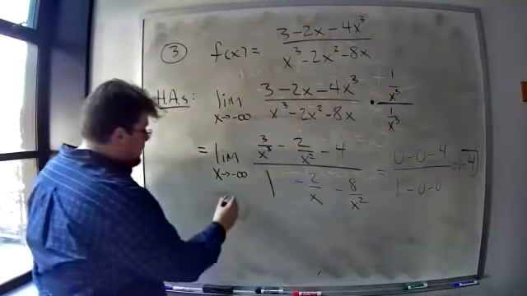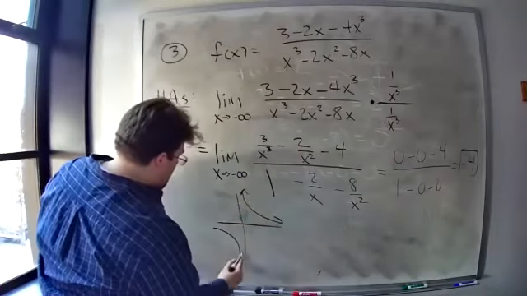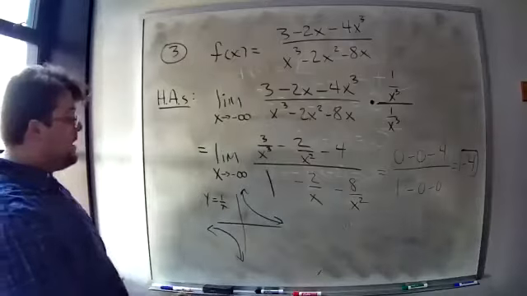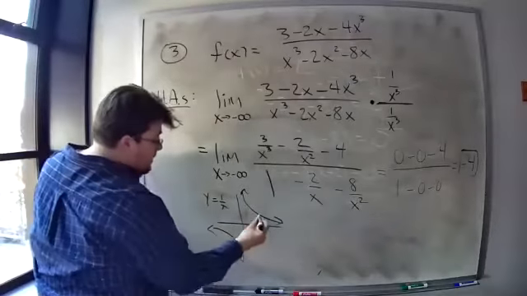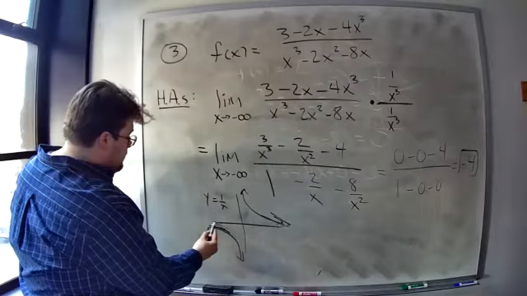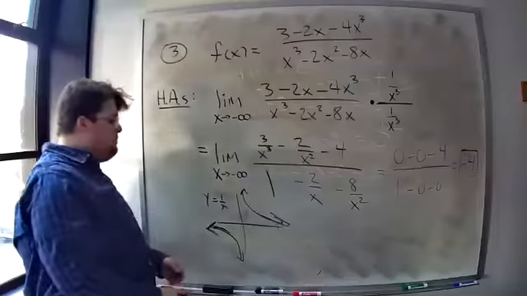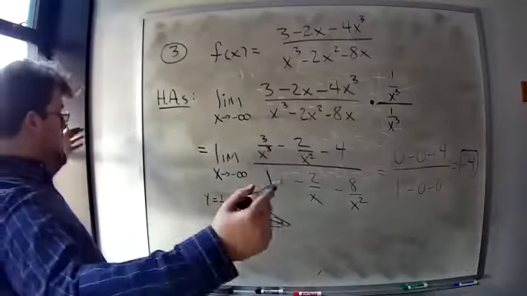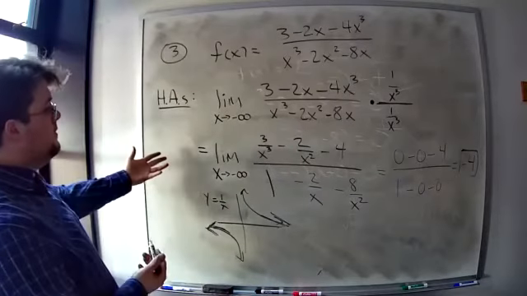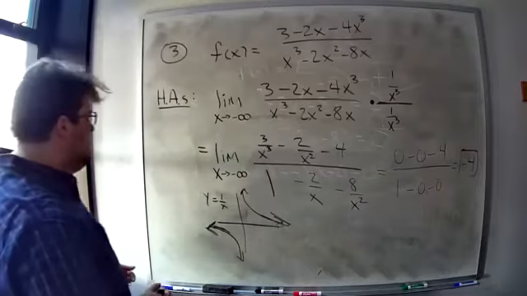That works because, if you look at the function y equals 1 over x, as x goes to positive infinity, this is going down to 0. As x goes to -infinity, this is also going to 0. It's going up to 0, but it's still going to 0. So you are certainly welcome to do an argument like this for this one.